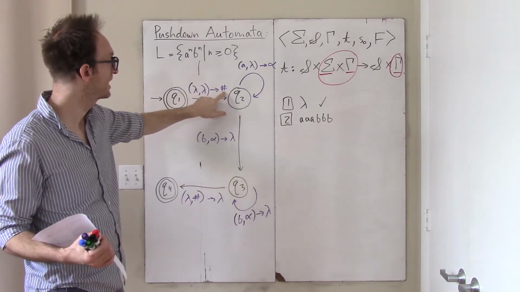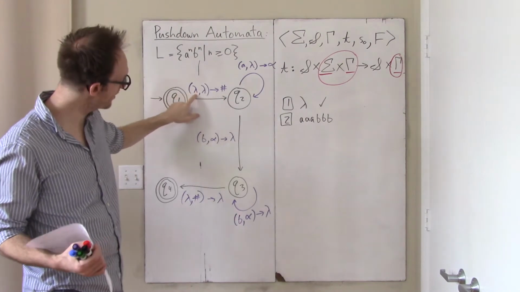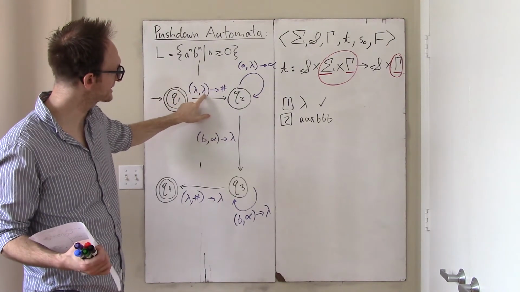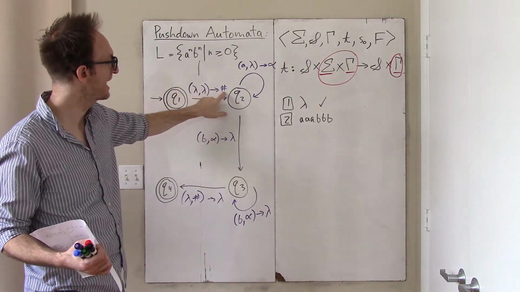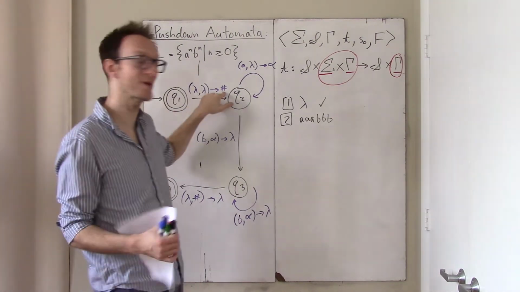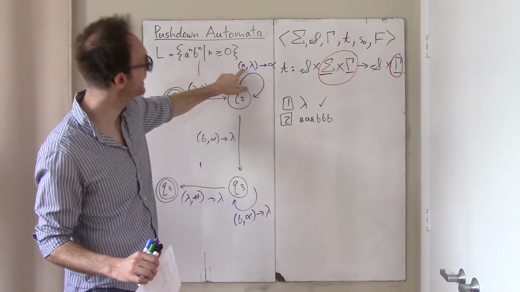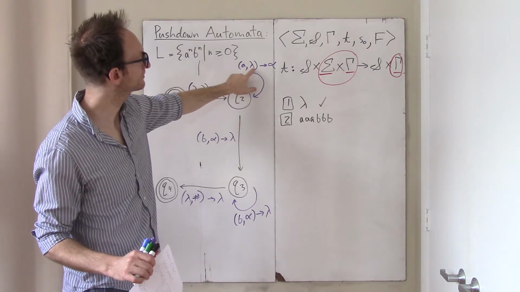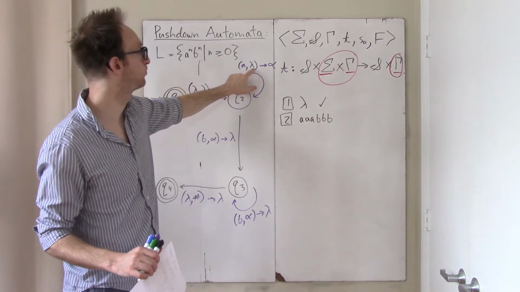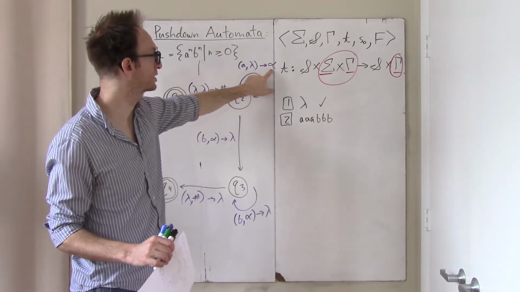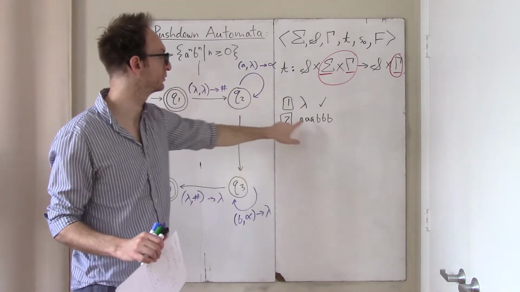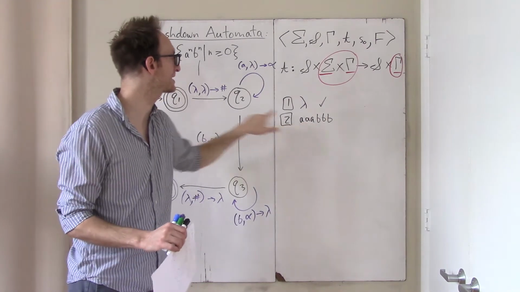We read no input characters, we pop nothing off the stack, but we push a pound sign. So now the stack has a pound sign on it, and we're in state Q2. We read an A, pop nothing, push an alpha, and go back to Q2. Now we've read one A, and we just do that 2 more times.